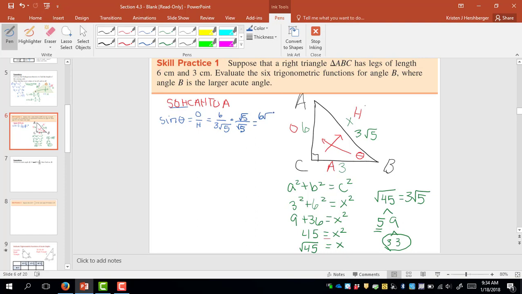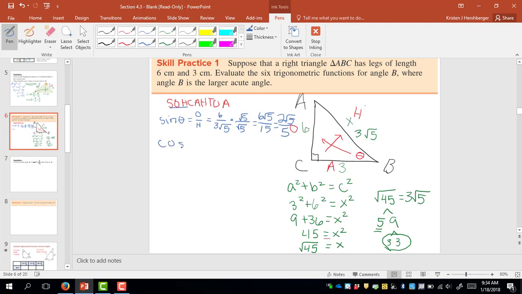And that gives me 6 square root of 5 over 3 times square root of 5 times square root of 5. Square root of 5 times square root of 5 is 5. 3 times 5 is 15. But then I can reduce 6 over 15. Both of those divide by 3. 6 divided by 3 will give me 2. And I still have the square root of 5 there. And then 15 divided by 3 gives me 5. So sine is 2 square root of 5 over 5.